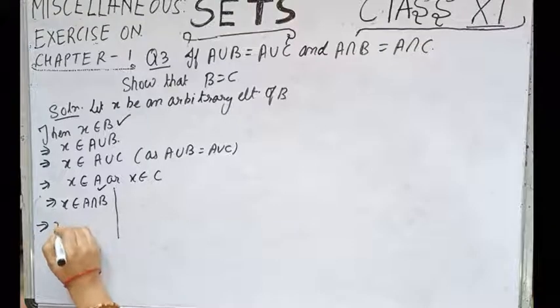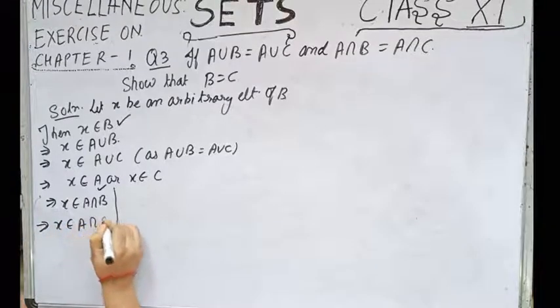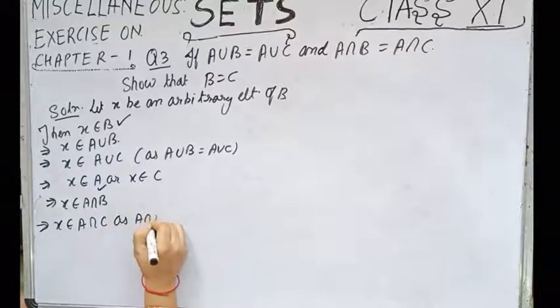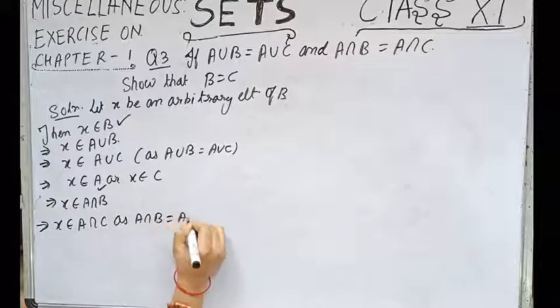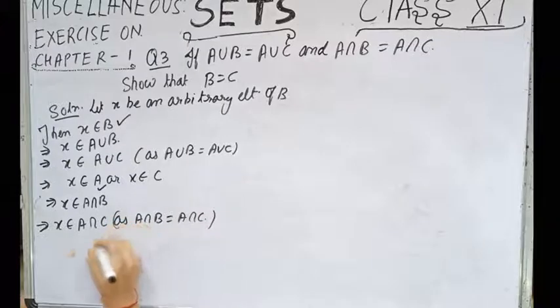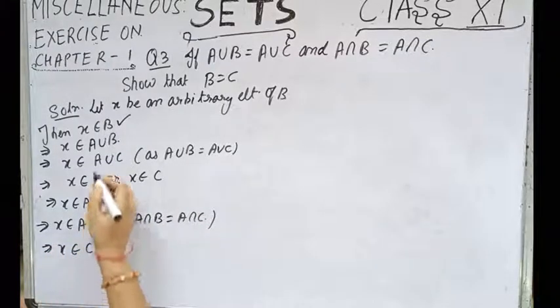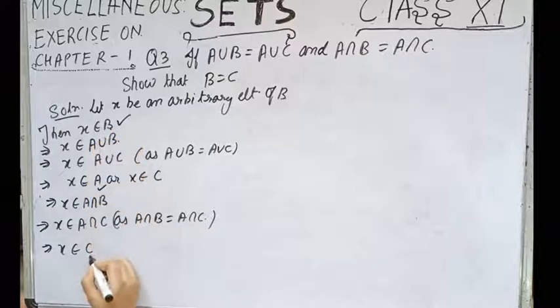This implies X belongs to A intersection C, as A intersection B equals A intersection C. Now this implies X belongs to C. So we started with X belongs to B and we got X belongs to C. This implies B is a subset of C.